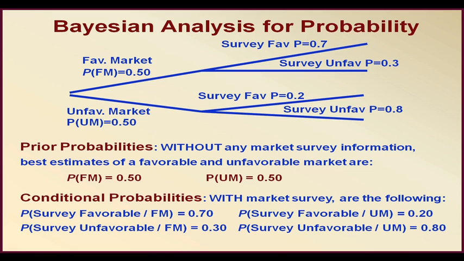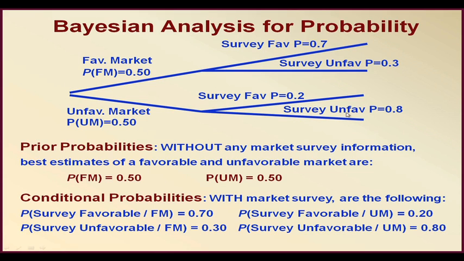First of all, there was a probability of favorable market, the a priori probabilities, that was without any market survey information, the best estimates of a favorable and unfavorable market. The PFM, favorable market, was 0.5 and PUM, unfavorable market, was 0.5 also.